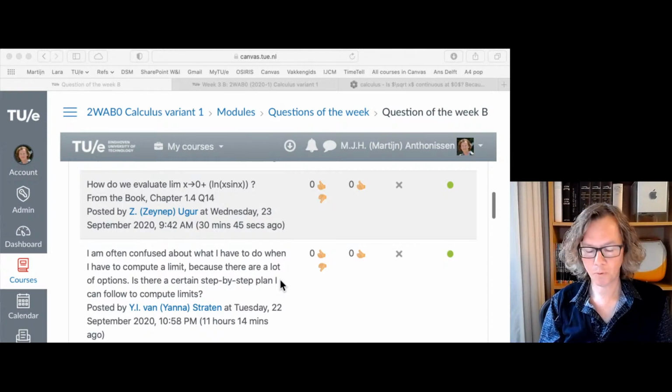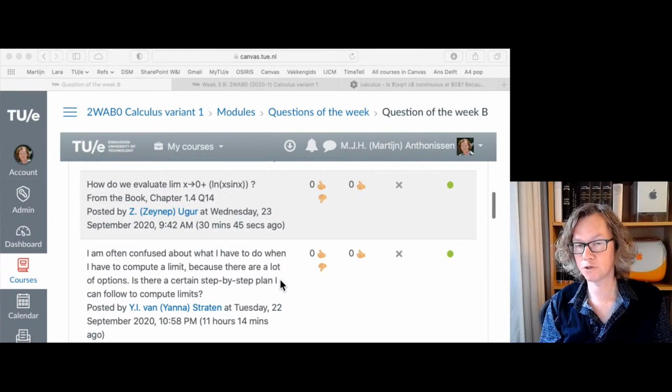So basically what we have is that we could also write this as the limit y going to 0 of ln y. I can rewrite it like that, because if x is going to 0, then y is going to 0.